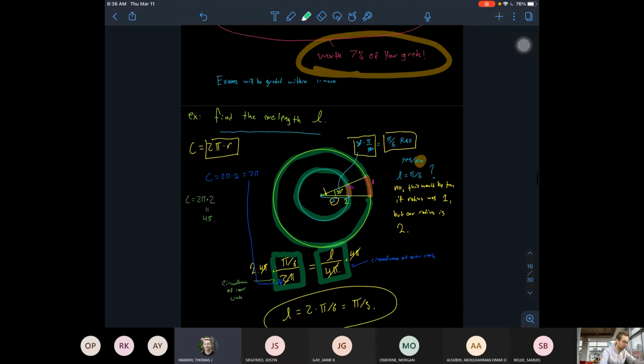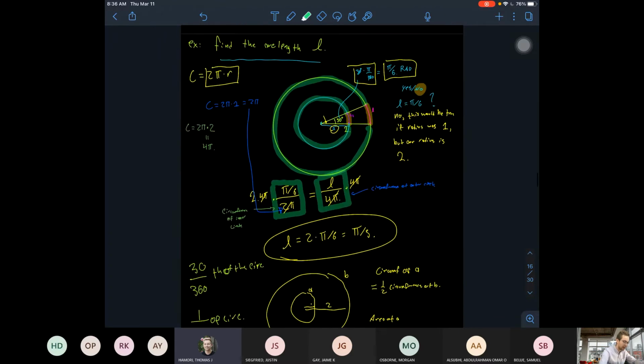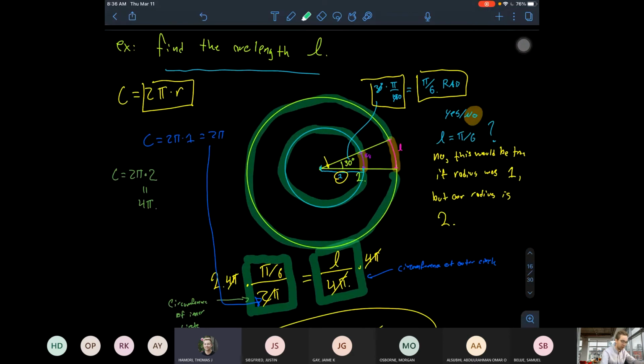And let's see. Then last time we talked about this example where we had this kind of clever problem where we had to find the arc length on a circle that didn't have radius 1. All we had to do was use a proportionality argument here.